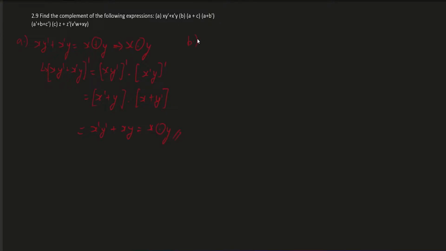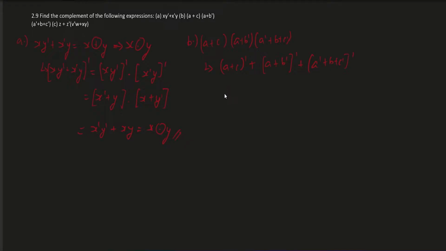b is a plus c into a plus b bar into a bar plus b plus c bar. Okay, taking complement we will have De Morgan's theorem and it will be a plus c the whole bar plus a plus b bar whole bar plus a bar plus b plus c bar the whole bar.